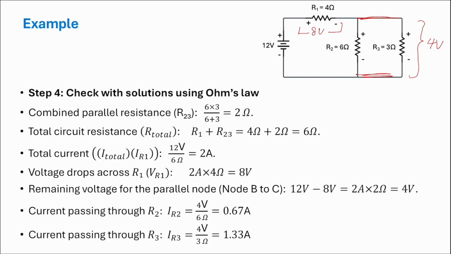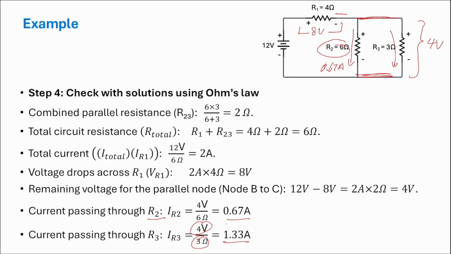So we know R2, and this is 4 over 6 ohm. So the current passing through R2 is 0.67 ampere. Using the same argument with Ohm's law, the current passing through R3 is 4 volt over 3 ohm. Okay, so can you see here, we already see KCL work.